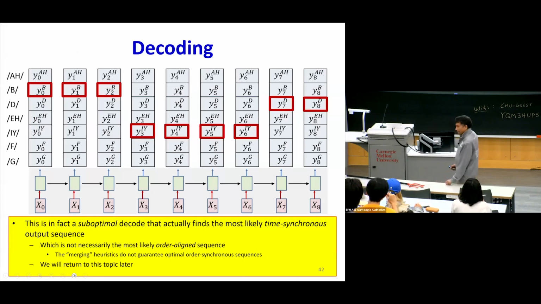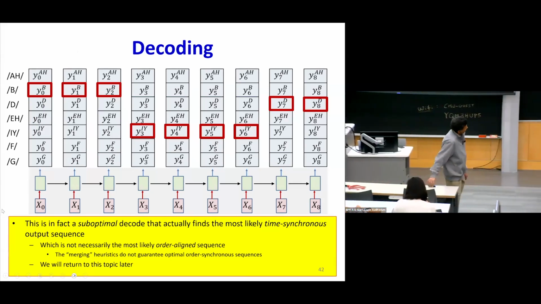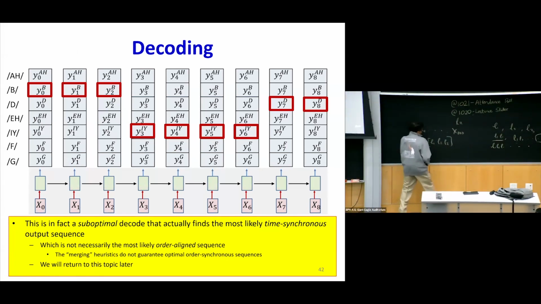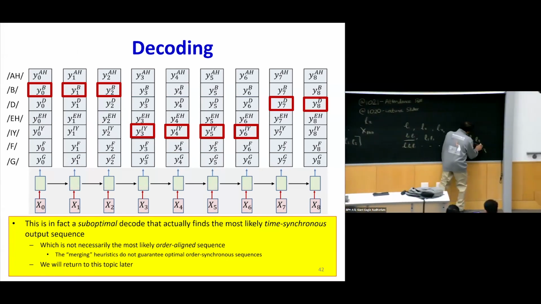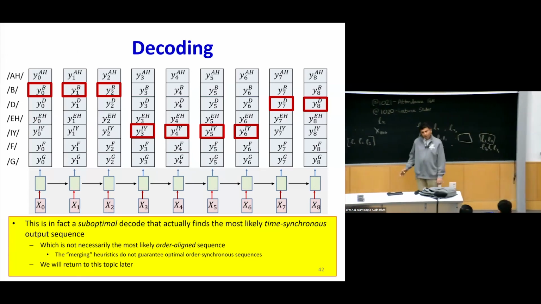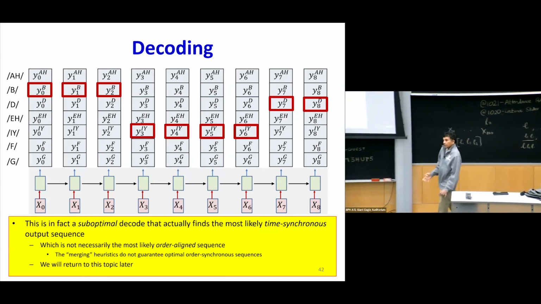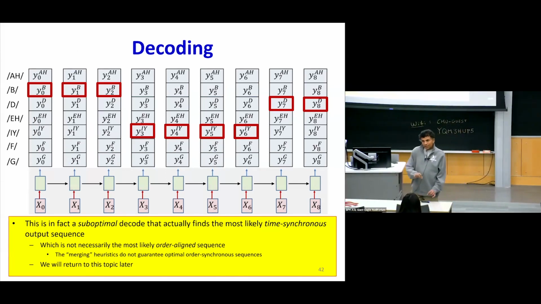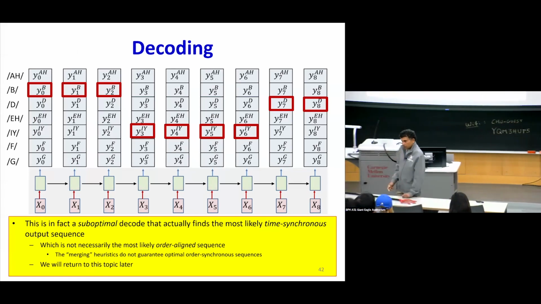But here's the thing. What I really want to do is pick the most likely sequence, whose length is unknown. And what I am doing instead is picking the most likely symbol at each time and then compressing those.